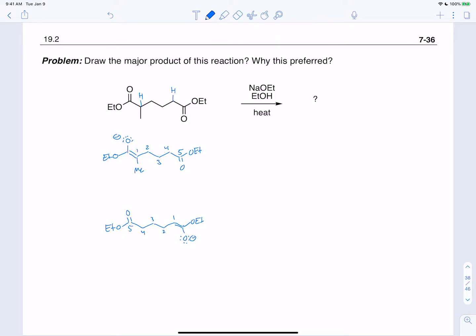So in both cases, we're going to end up having 5-membered rings generated. We can draw these products. I'll go ahead and draw the tetrahedral intermediate.